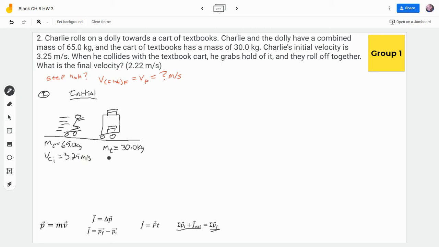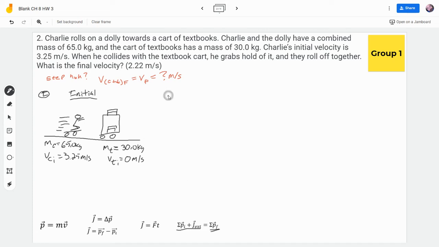And we know that the velocity of the textbooks initial is, well, look, there's no speed lines. The textbooks aren't moving. So it's 0 meters per second. So that's our initial sketch. And again, this is the left side of the equal sign. That's what is going on there.